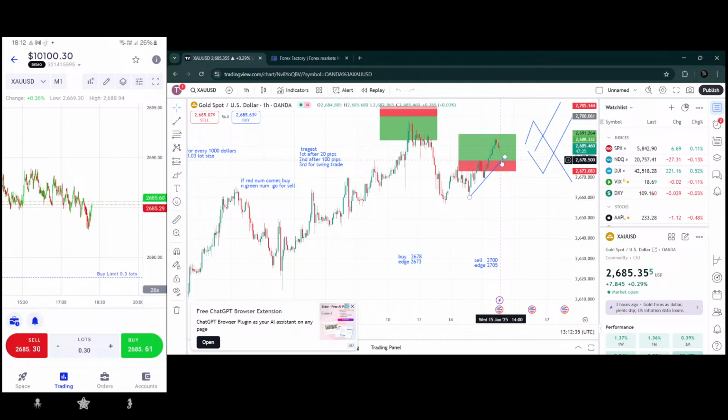So market is at 2685 and almost 18 minutes are left.